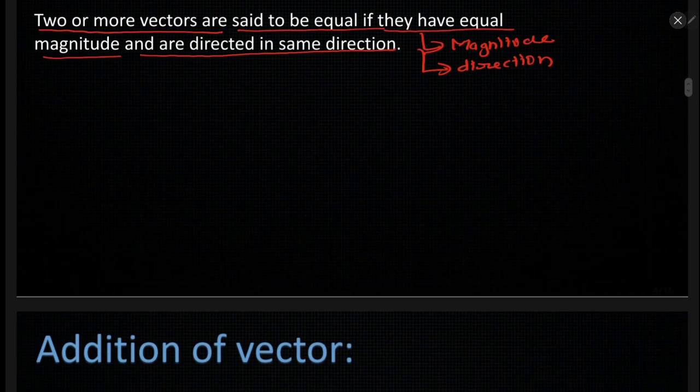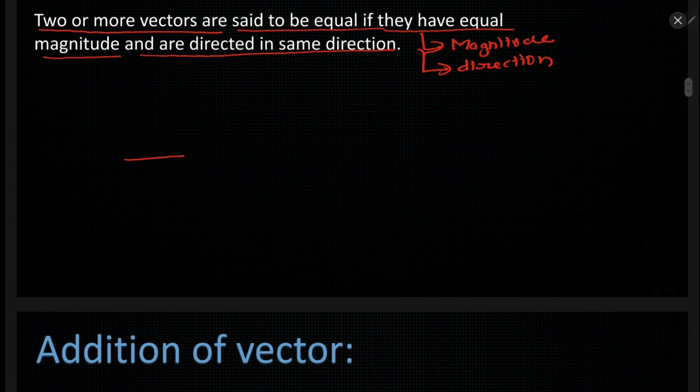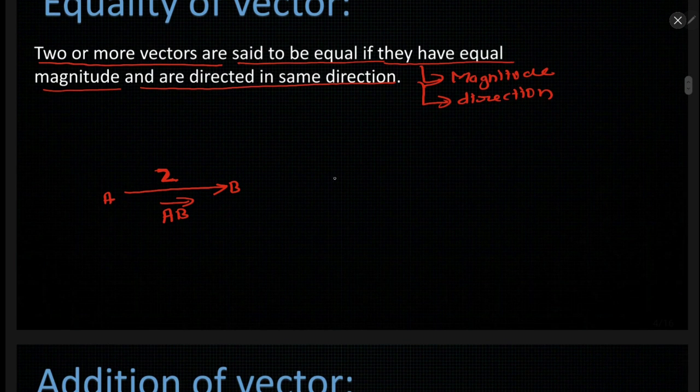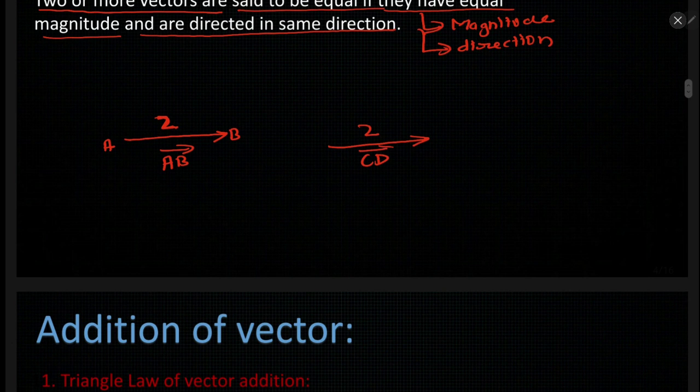For example, let's suppose this AB is a vector whose magnitude is something, 2. It can be anything. Another vector we have, CD vector, whose magnitude is also 2. So we can say that vector AB is equal to vector CD.